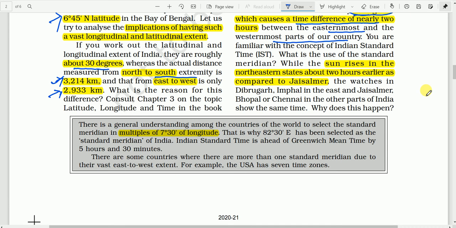See here, read this area. While the sun rises in the northeastern states about 2 hours earlier compared to Jaisalmer, Jaisalmer is in Rajasthan. The watches in Dibrugarh, Imphal in the east, Jaisalmer, and Bhopal or Chennai in other parts of India show the same time. So we have learned that the time difference between the easternmost and the westernmost part of India is 2 hours.